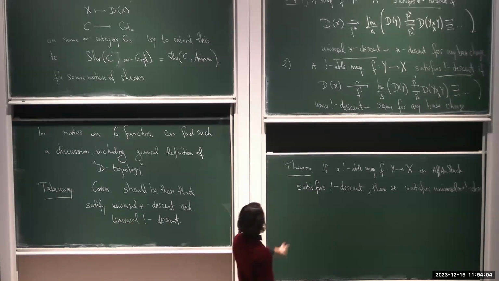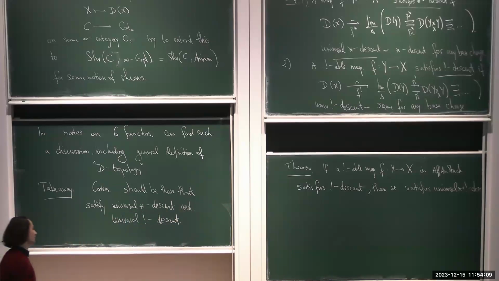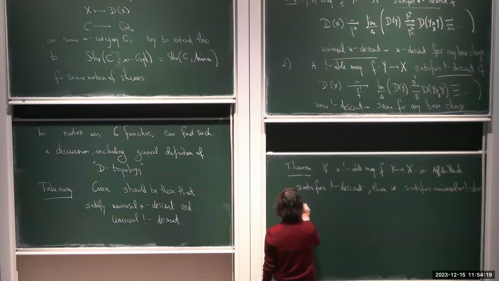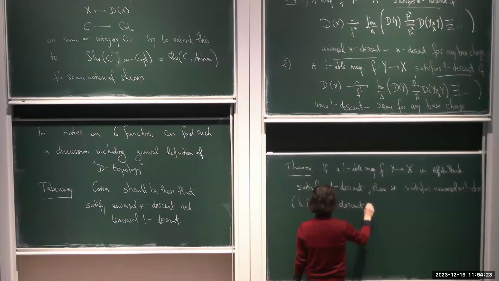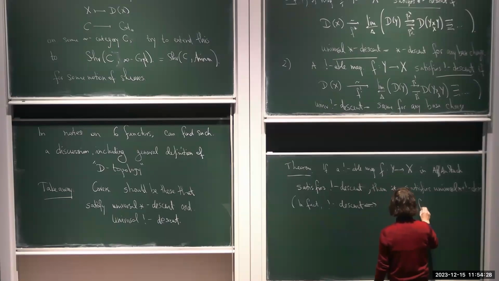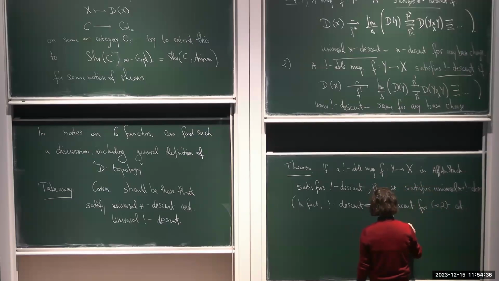It turns out that asking for shriek descent is equivalent to asking descent at the two-categorical level, which is actually how the theorem is proved, but this is probably not what I want to do now in the last 5 minutes.